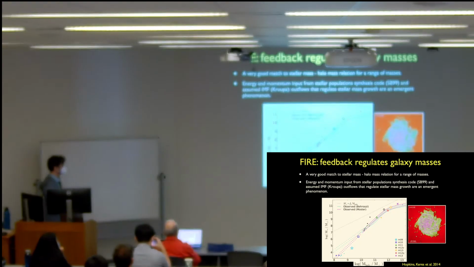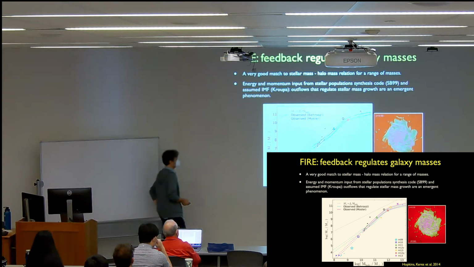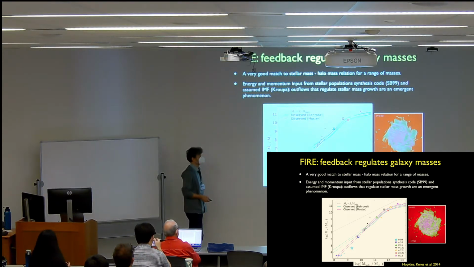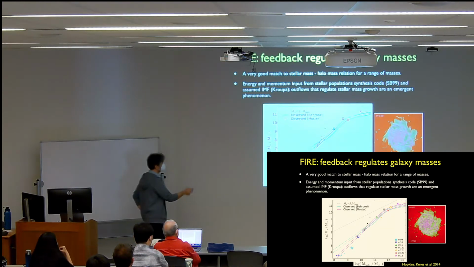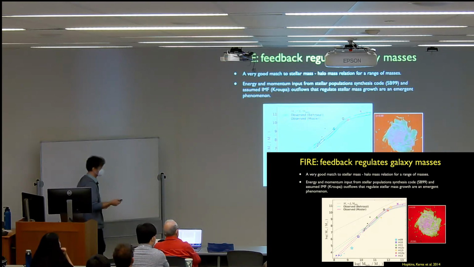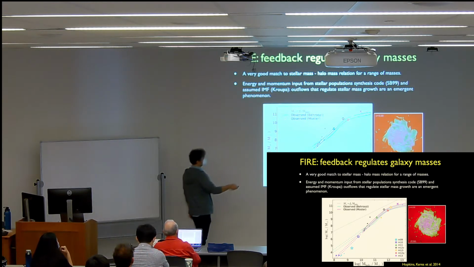These are dwarf galaxies whose stellar component has been lowered by a factor of 100 or sometimes even 1,000 with respect to what would happen if you just keep accreting gas into them. And these are Milky Way mass galaxies whose stellar mass got lowered by a factor of 2 or 3 with respect to what would happen if you just let gas be accreted.